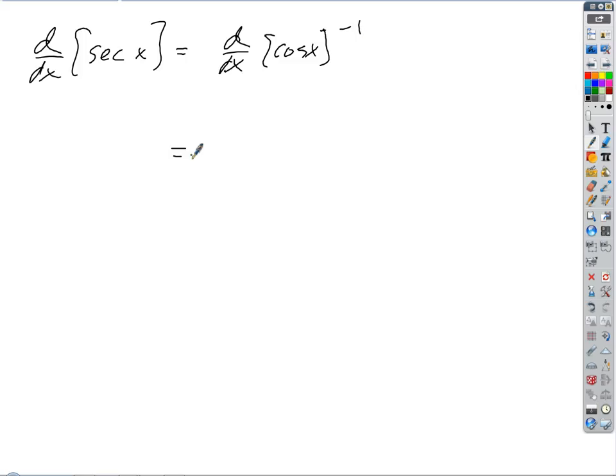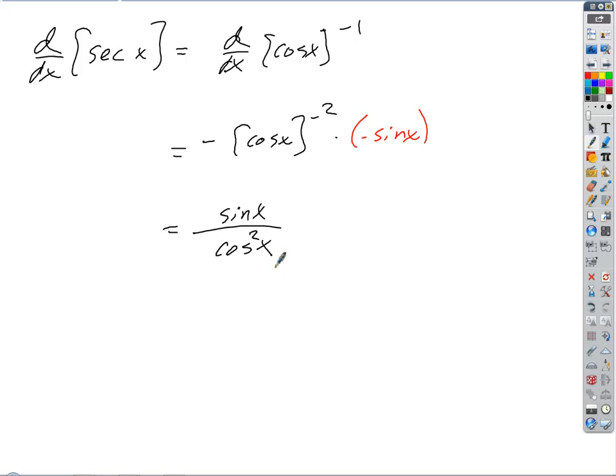So what's the derivative of u to the -1? Negative u to the -2, right? Times what? Okay, so if we clean that up a little bit, minus times minus is plus, right? And we're gonna get a sine x on the top and cosine squared x on the bottom.